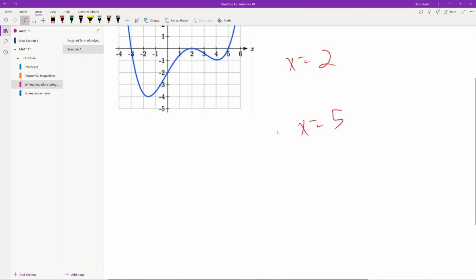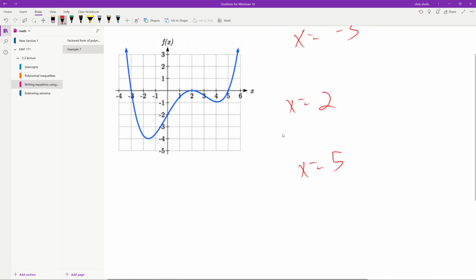This suggests that those factors are linear, so that I have an x plus 3, this gives me the x equals -3, times an x minus 5, this gives me x equals 5. These are both, we could write to the first power, but we don't have to. Now, I'm going to write this a in front because I may have some kind of stretch factor, right?